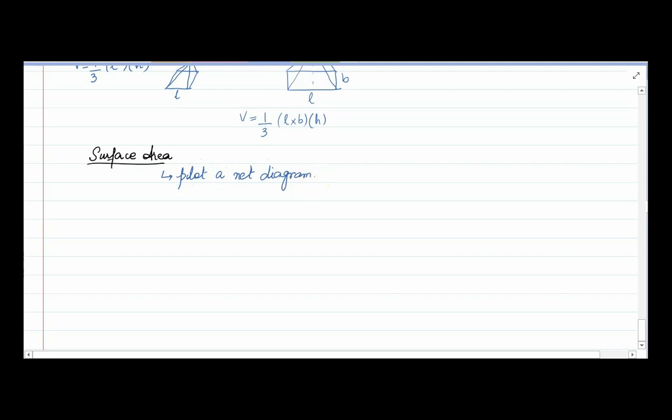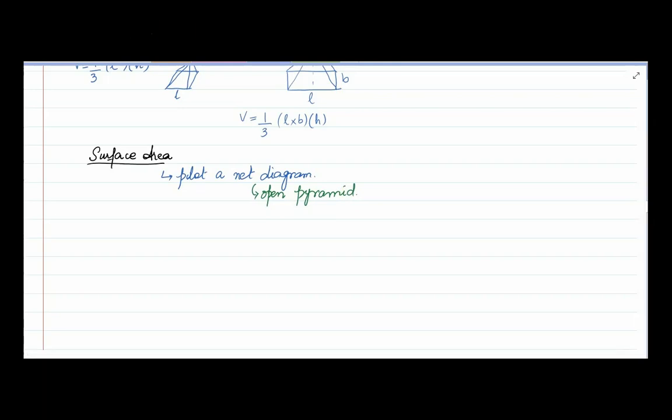And what is a net diagram? In other words, you can say an open pyramid. And what do we mean by an open pyramid?